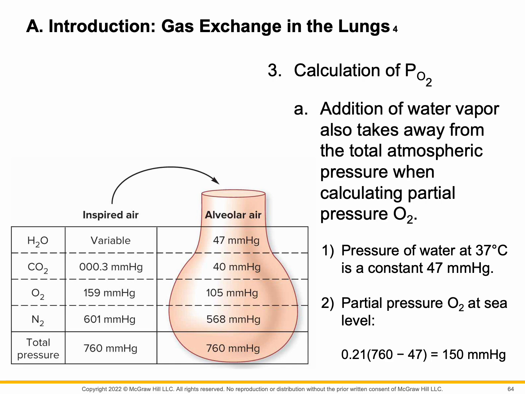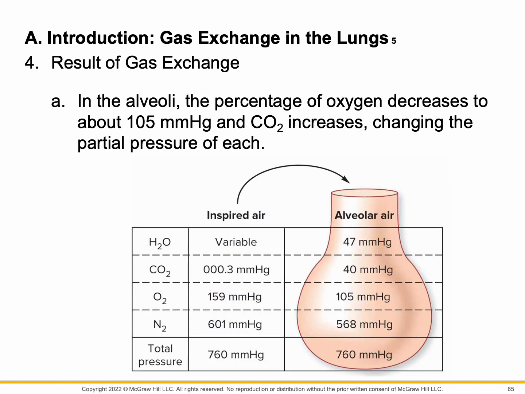Therefore, the partial pressure of oxygen at sea level would be 0.21 times the difference between 760 minus 47, and that equals 150 millimeters of mercury. As a result of gas exchange in the alveoli, the partial pressure of oxygen decreases to about 105 millimeters of mercury, and carbon dioxide will then increase, changing the partial pressure of each of these.